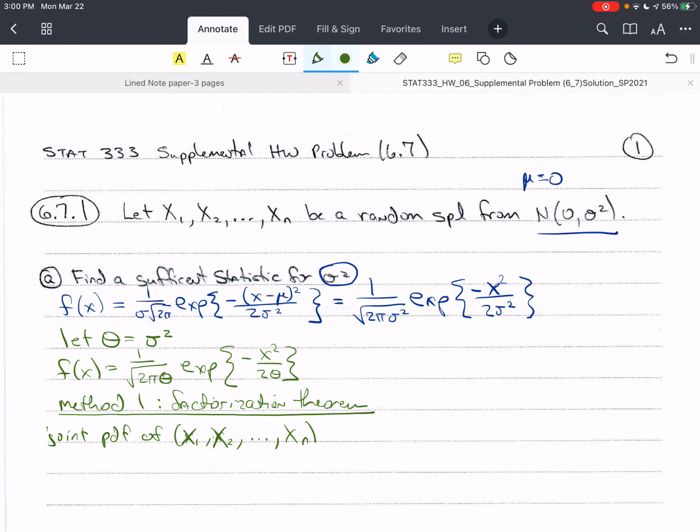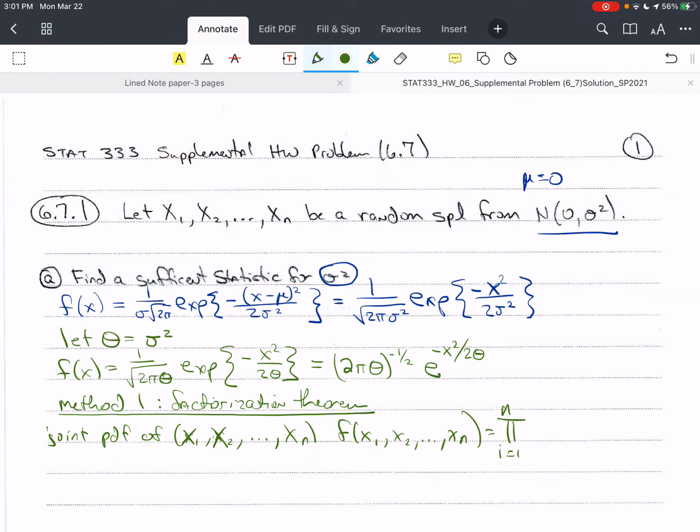So I've got f of x1, x2, up to xn is equal to the product of f of x. And I'm going to write this as 2 pi theta to the negative 1/2, and then e to the negative x squared over 2 theta. Since we don't have much in the exponent, we can do it without much problem.